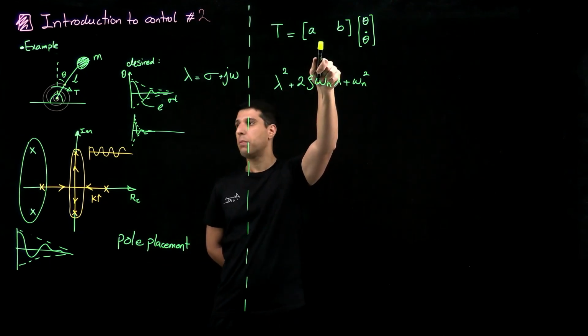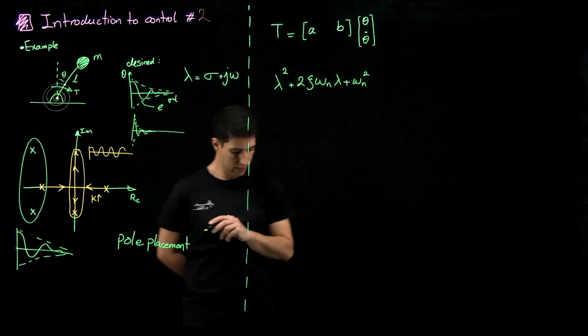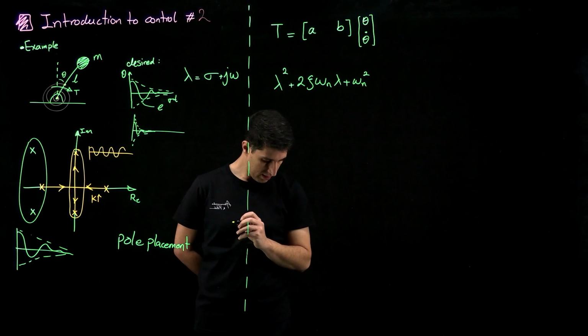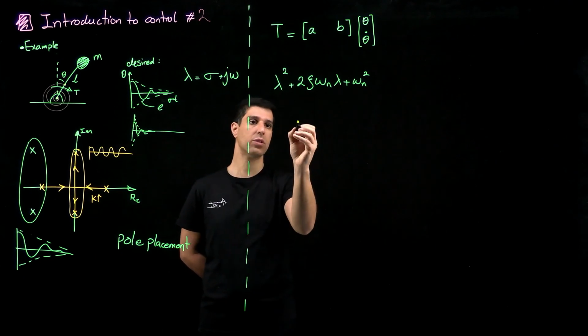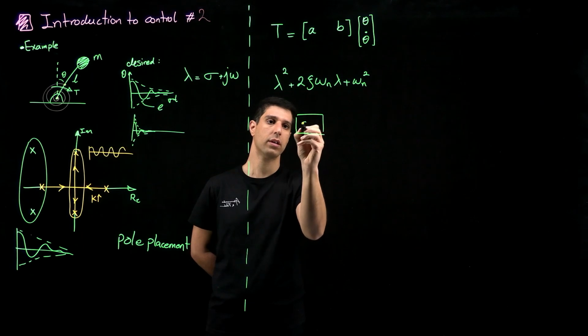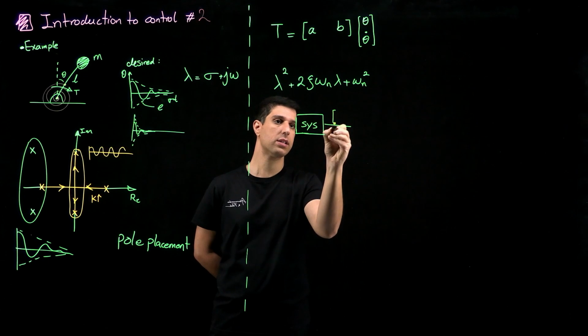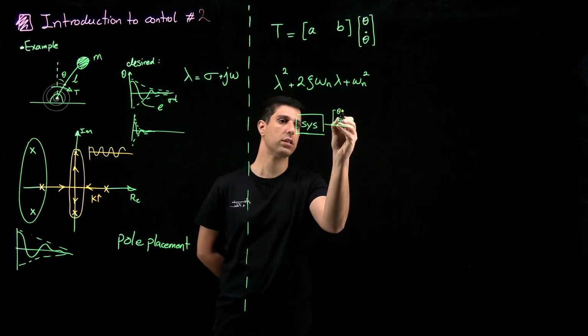Okay, let's plug this controller into my system. So now my system looks something like this. So I have my pendulum. This is my system, and the two states are theta and theta dot.